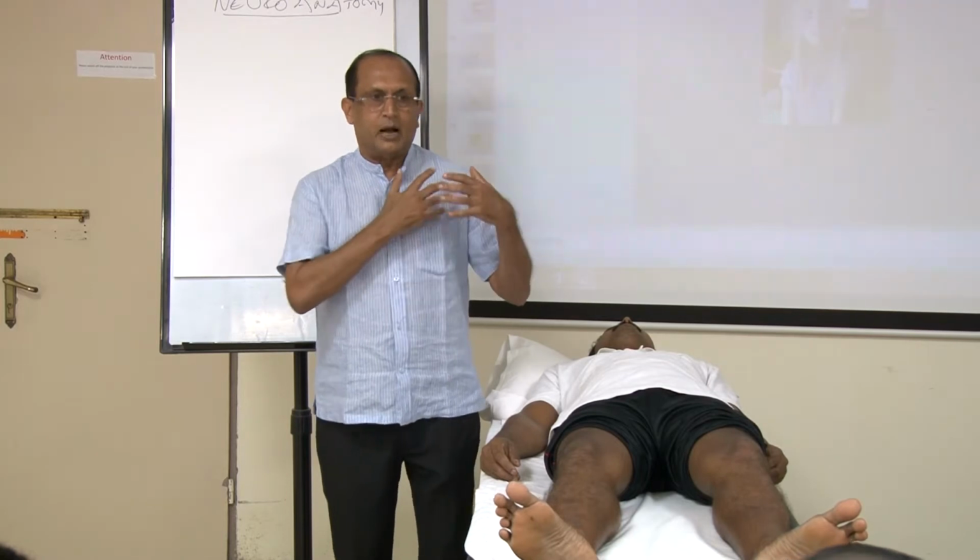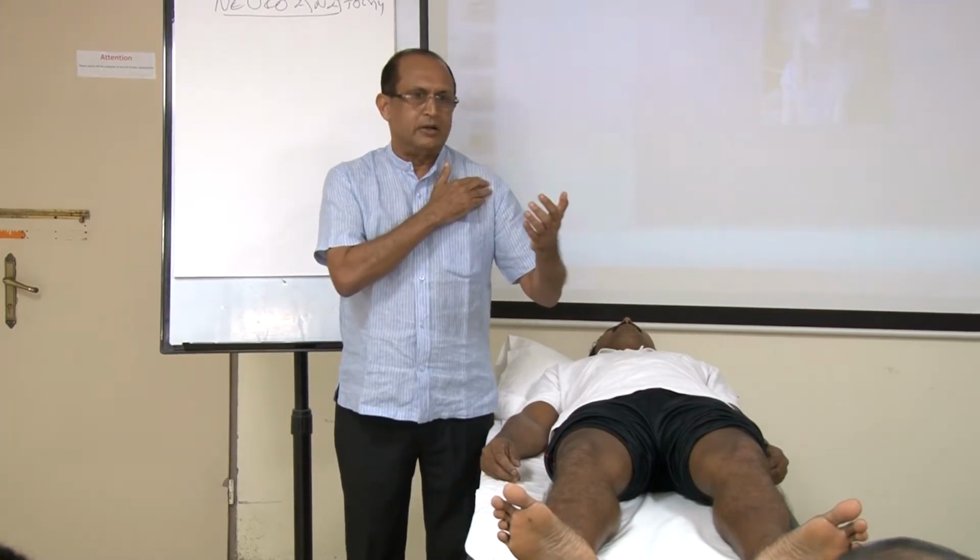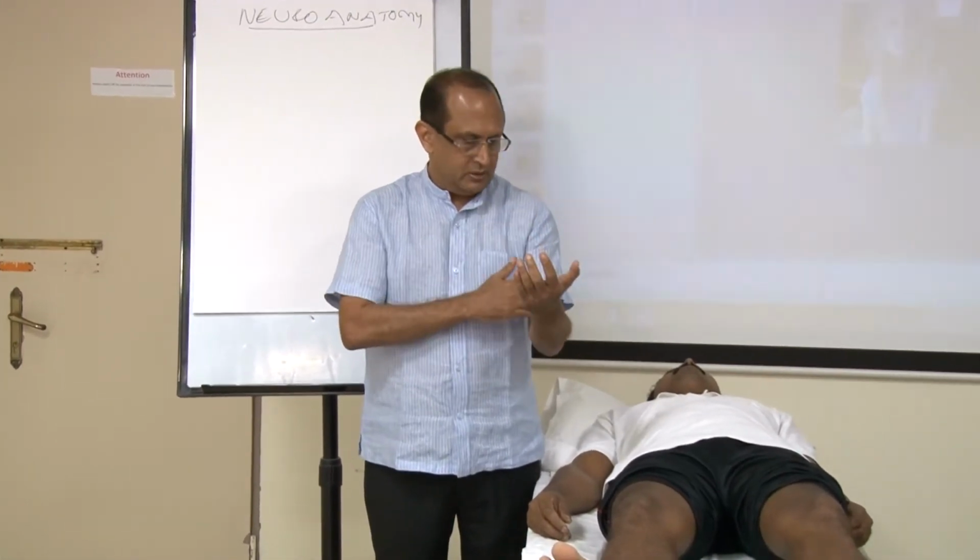So in the upper limb, the shoulder adductors, elbow flexors, wrist flexors, and finger flexors are more powerful than the opposite group of muscles. So the hypertonia develops in this group of muscles. What will happen? The shoulder will be adducted, the elbow flexed, the wrist flexed, the fingers flexed. This will be the posture in a corticospinal tract lesion.